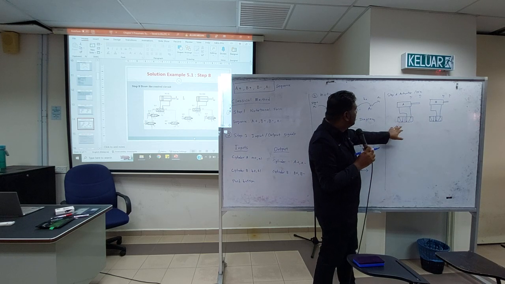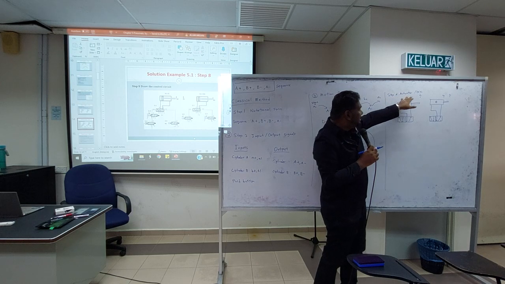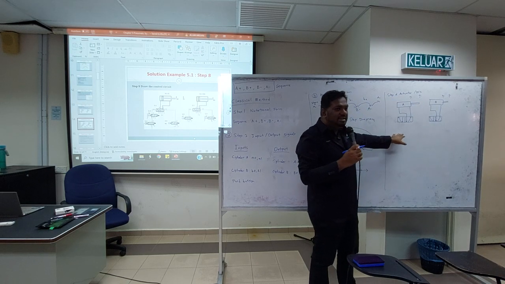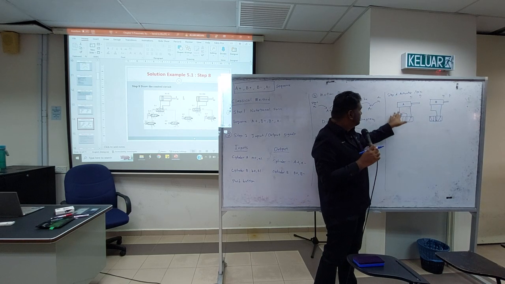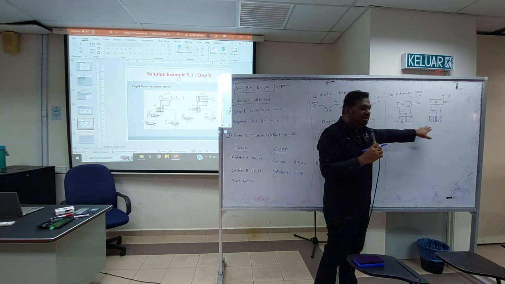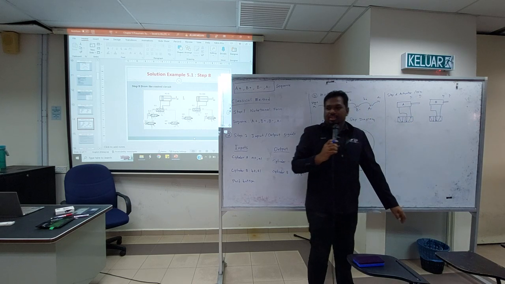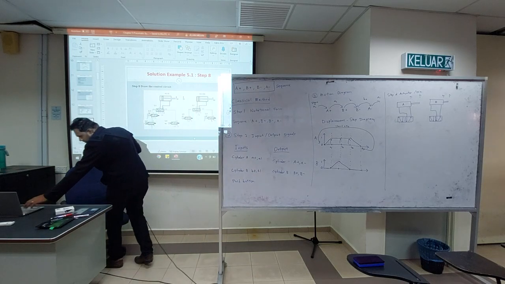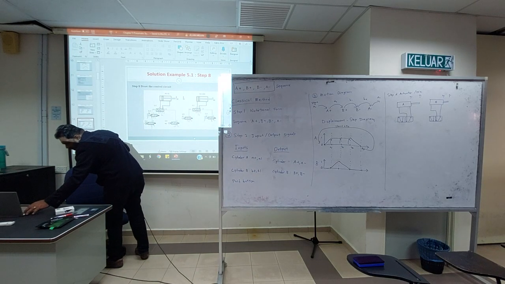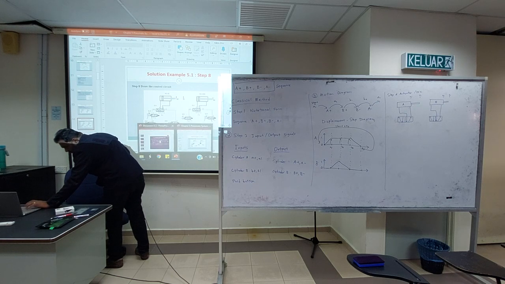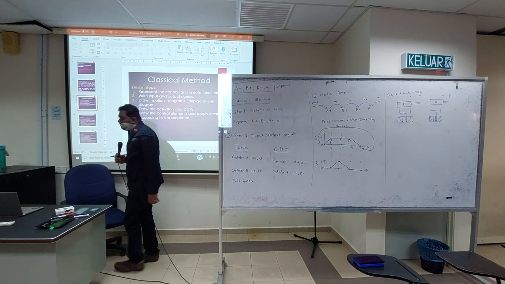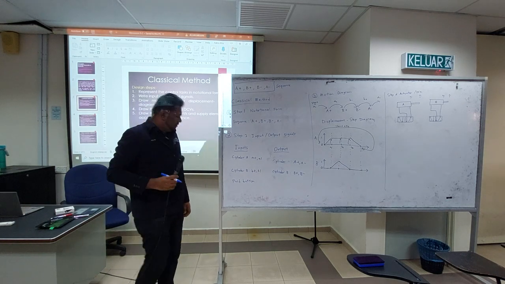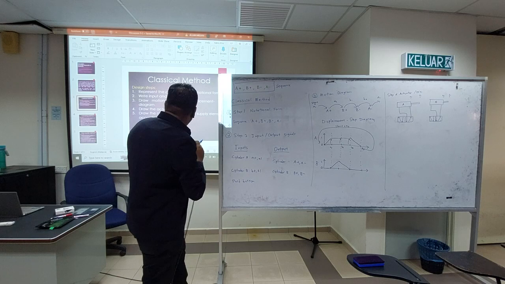Okay, first draw the actuators and DCV. If the question has 3 cylinders, then draw 3 cylinders and also 3 direction control valves. That's step number 4.